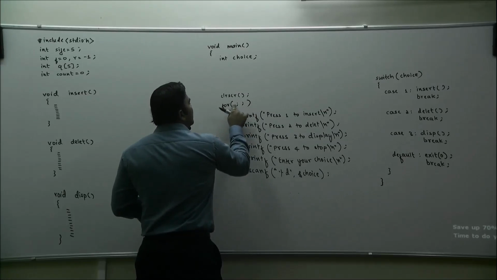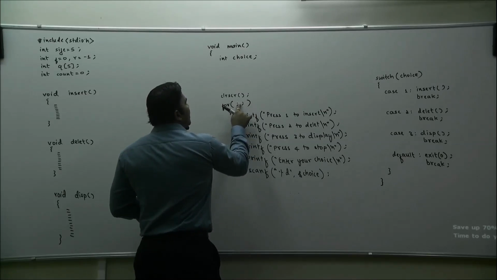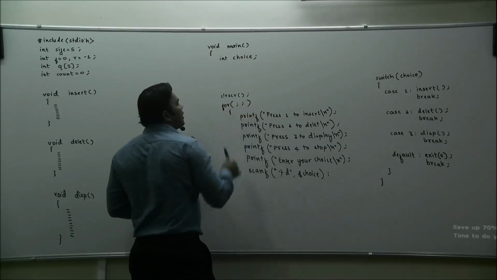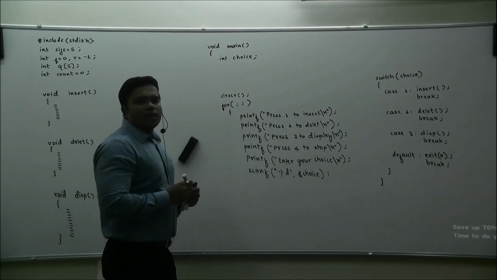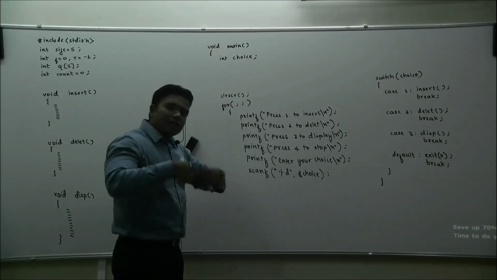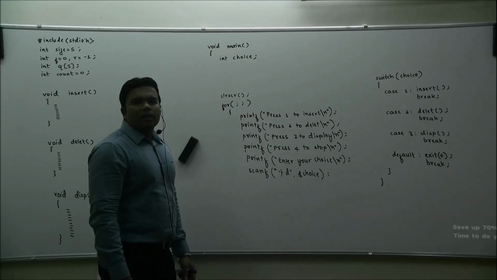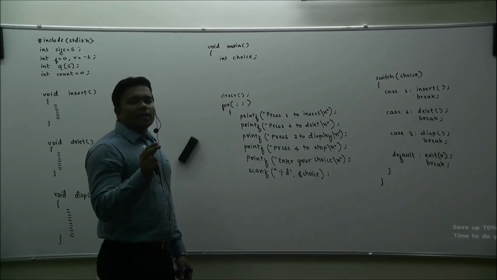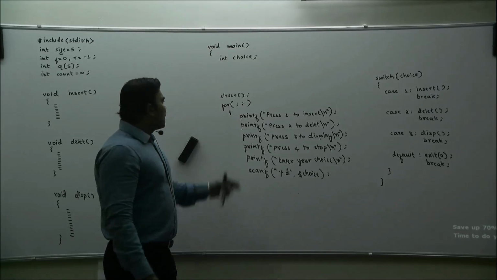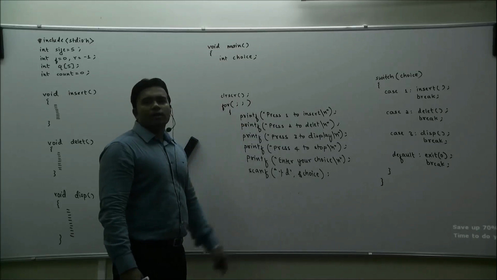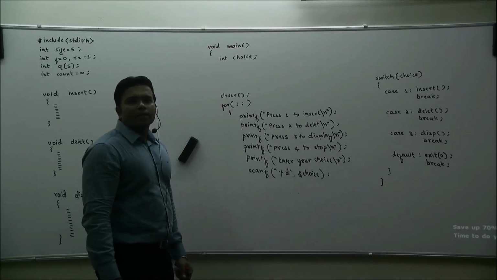Here normally initialization comes, here normally condition comes, here normally incrementation comes. If I do not use anything, that loop will keep on looping only. That is the meaning. So you can get an infinite loop either by writing while 1 or by writing for semicolon semicolon.